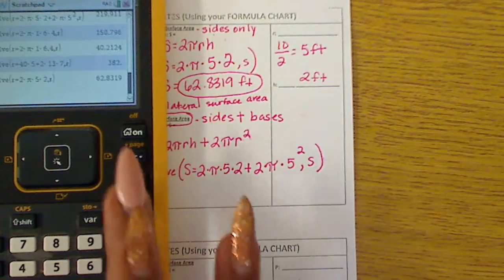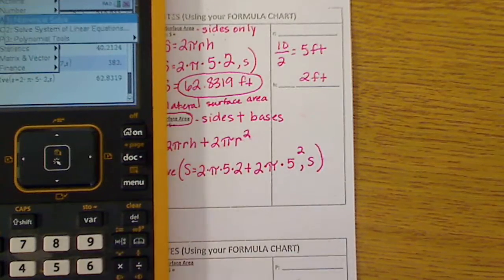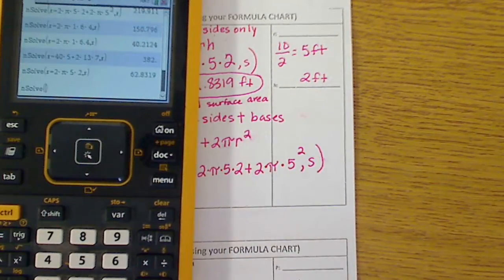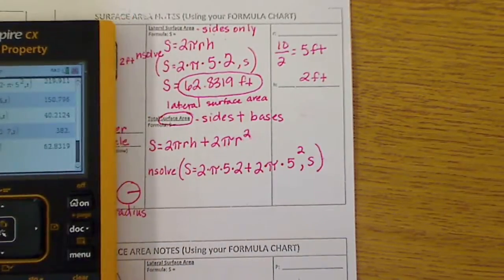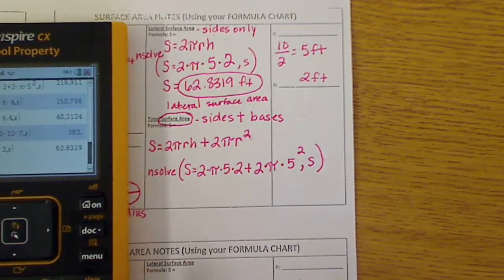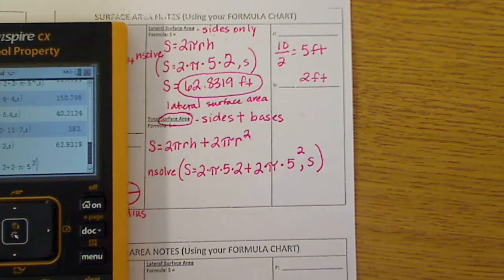I just hit menu, 3, 1, brings up solve. S equals 2 times pi times 5 times 2 plus 2 times pi times 5 squared, comma S.